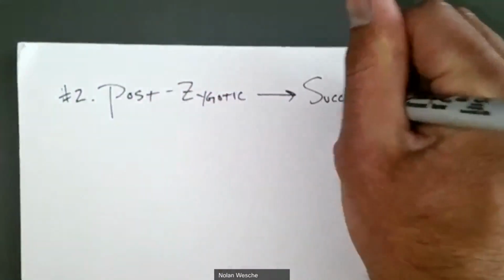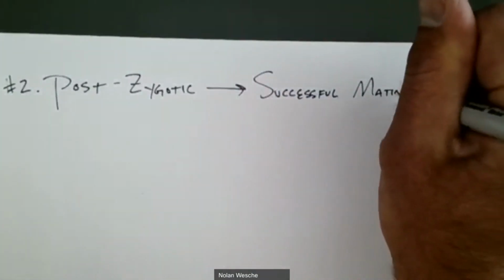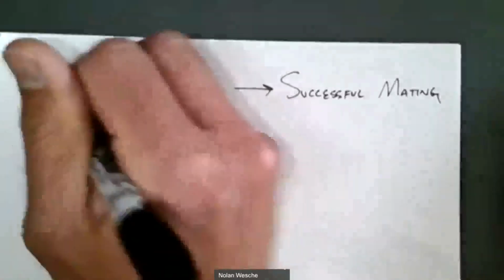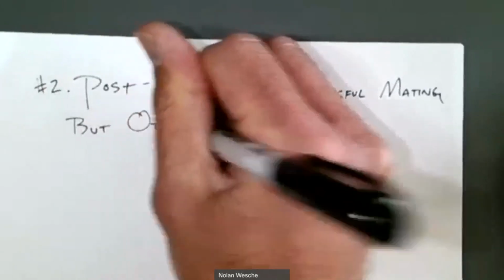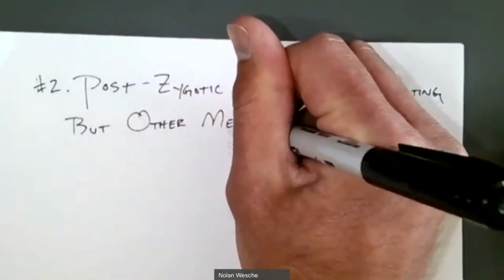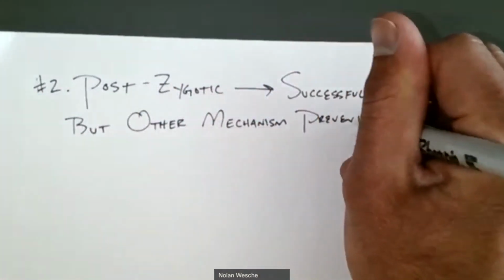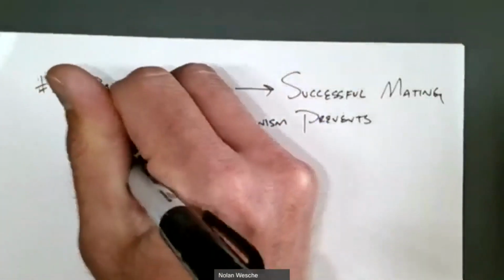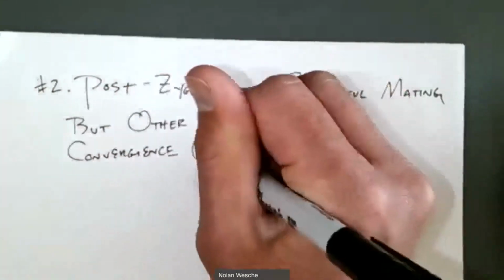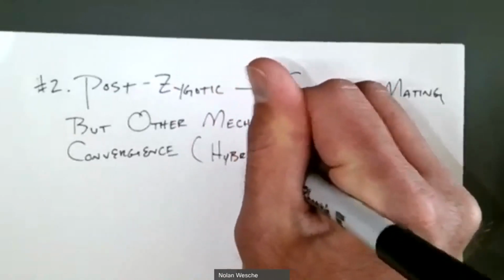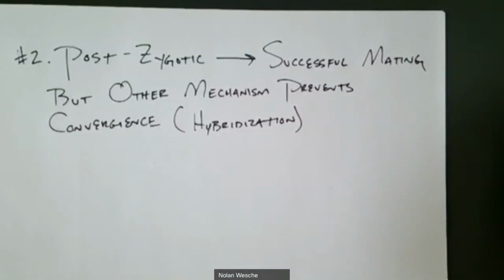So we do have successful breeding or successful mating, but we have some other mechanism preventing convergence, or what we're calling hybridization. So let's give these a look.